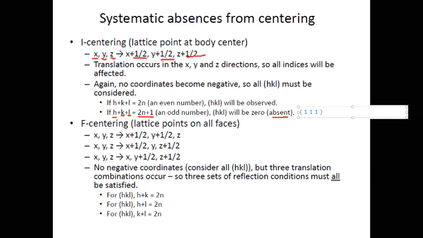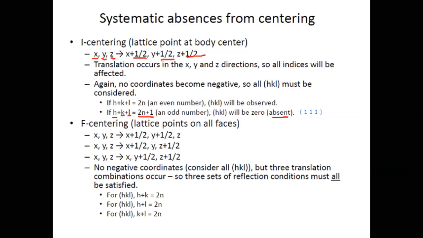That adds up to an odd number. That would be systematically absent if you had a body centering occurring, or I centering. So again, since all three axes are translated, you have to look at the H plus K plus L equals odd, because you're translating along all three axes.